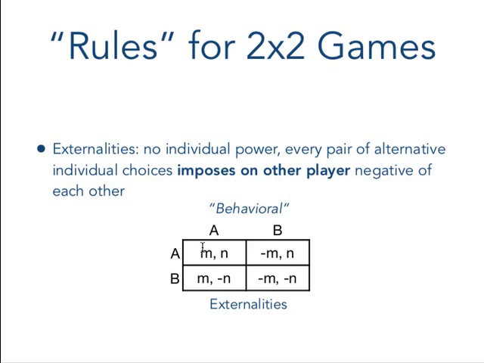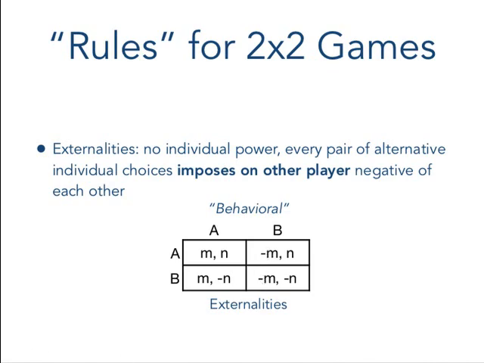So player 2, by choosing A, imposes a utility of M, and if they played B, they impose negative M. Just to be clear, M could be 3, so this would be 3, 3, negative 3, negative 3, but M could be negative 3. So then over here we'd have negative 3, negative 3, and over here we'd have positive 3, positive 3.